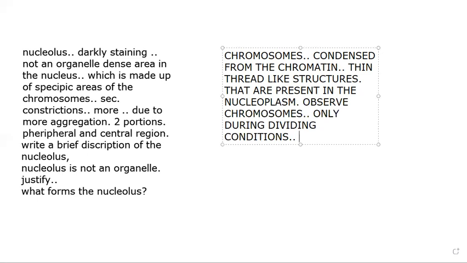Actually, what is chromatin? Chromatin is a thin network of threads made up of DNA and associated protein molecules. As one of you told me, the associated protein molecules are known as histones. And during cell division, the chromatin fibers start to become thicker.